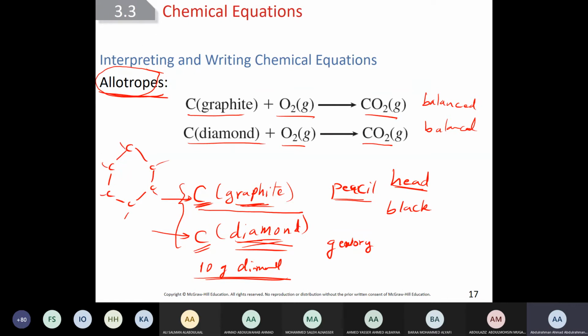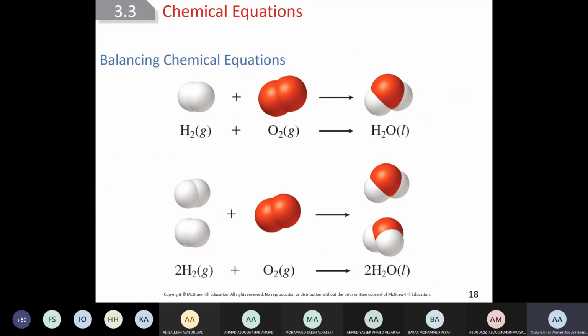In diamond, the carbon is arranged like this, and everything is carbon, carbon, carbon. This is diamond and this is graphite. We'll talk about this in chapter 9. Don't worry about it. Good.